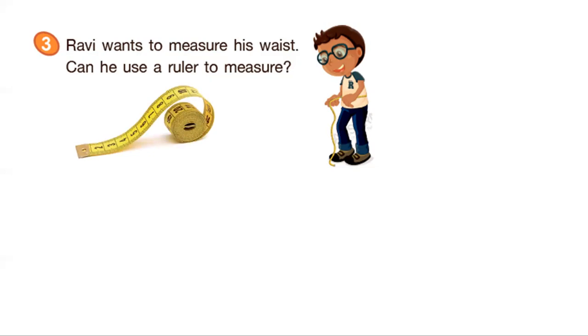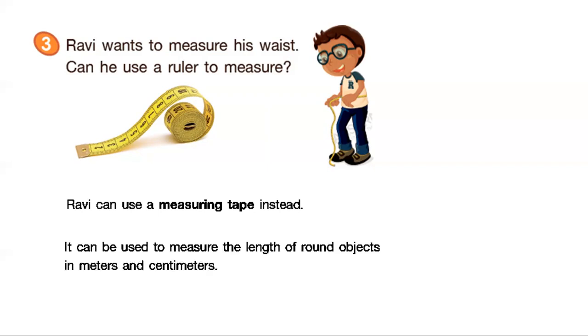When you use a measuring tape, it becomes easy to measure the length of something that is round. So we see that Ravi can use a measuring tape instead of a ruler. It can be used to measure the length of round objects in meters and centimeters.